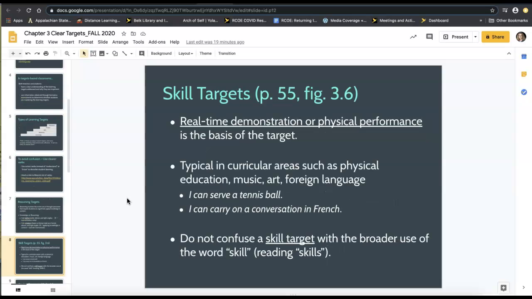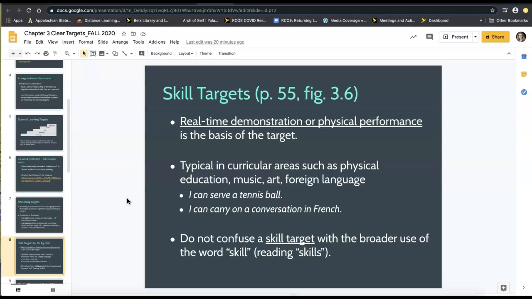With skill targets, the one thing I wanted to point out, which they discuss on page 55, is that their use of the term skill is pretty narrow, and focuses on a demonstration of physical performance, or verbal performance as in languages, things that we can directly observe and that we have to evaluate via observation.